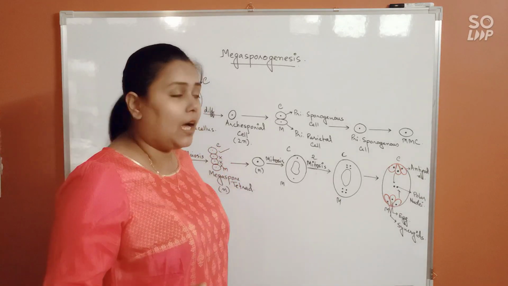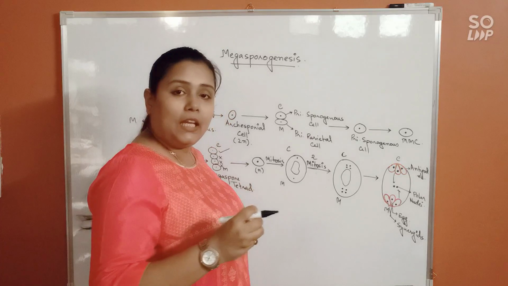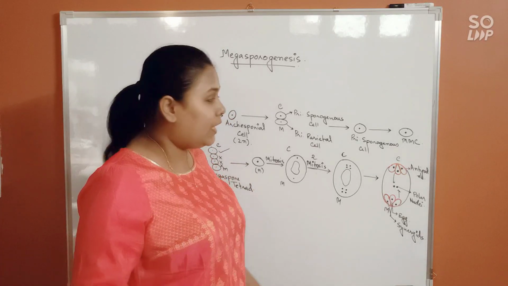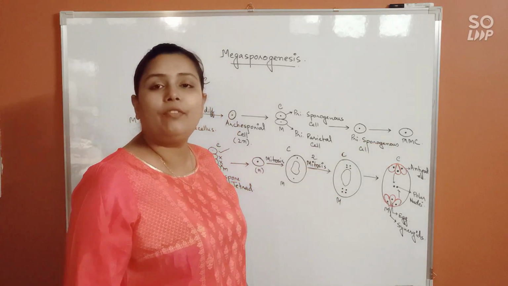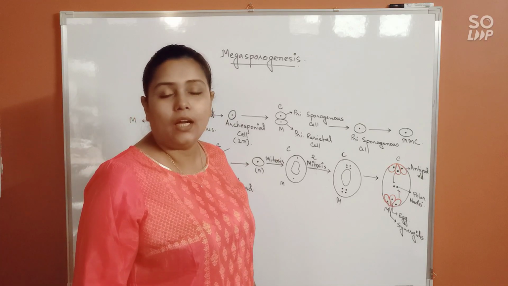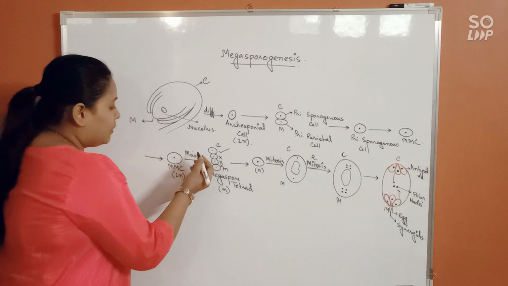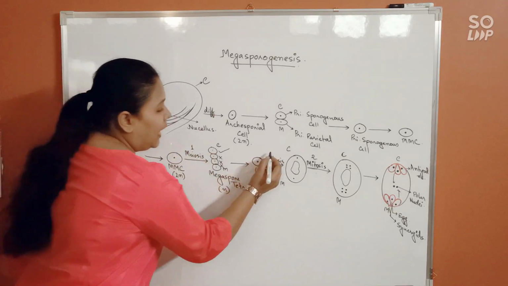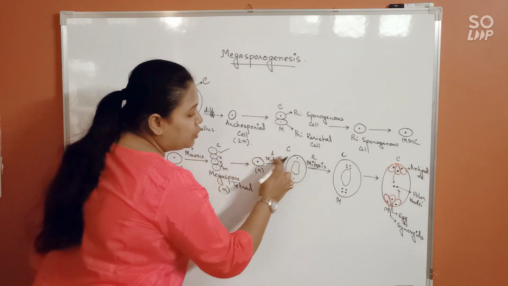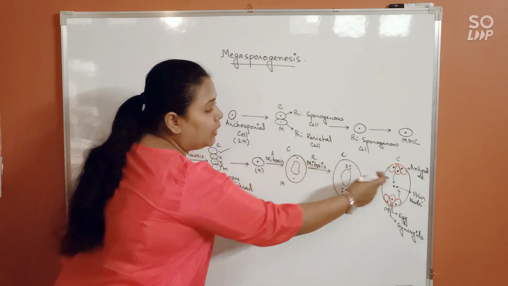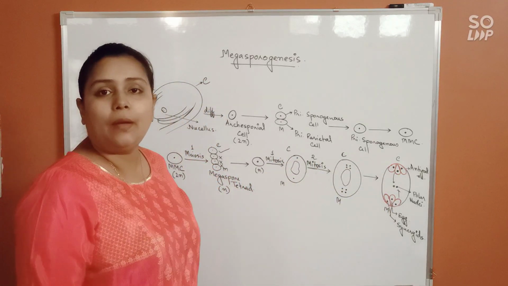So a question can be asked that how many mitosis and meiosis in the megaspore mother cell will give rise to a well-developed embryo sac? Your answer is 1 meiosis and 1 plus 2, here 3 mitosis will give rise to a well-developed embryo sac.